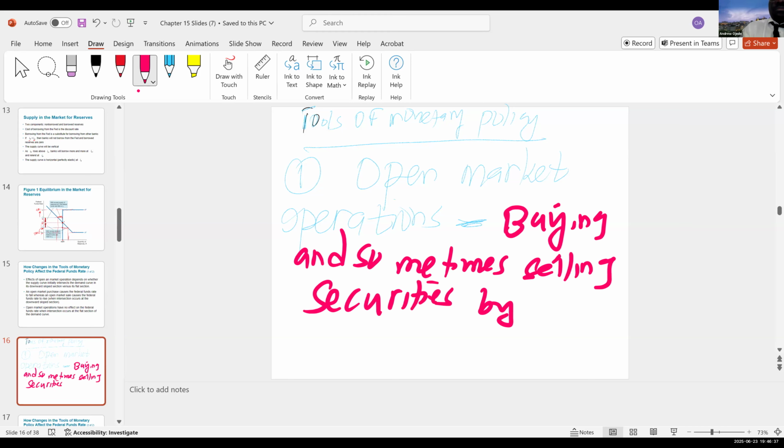It's going to affect our what? Market interest rate.